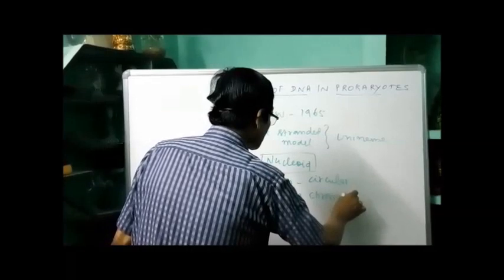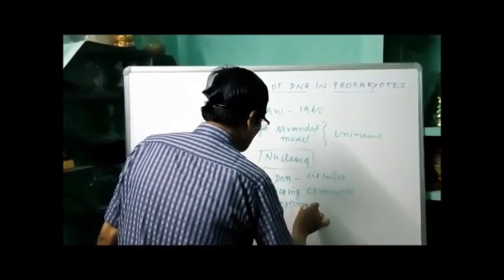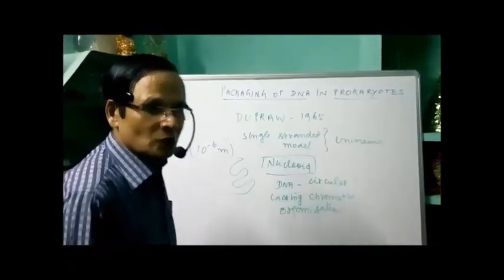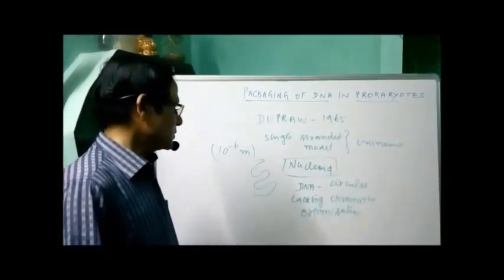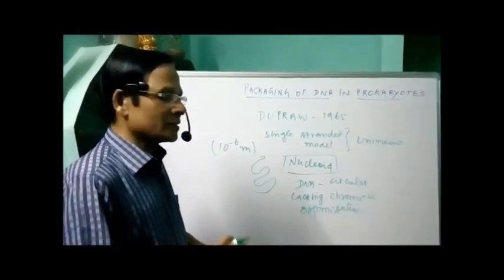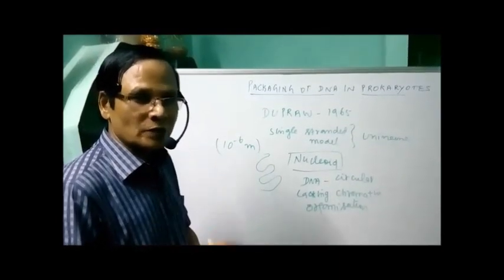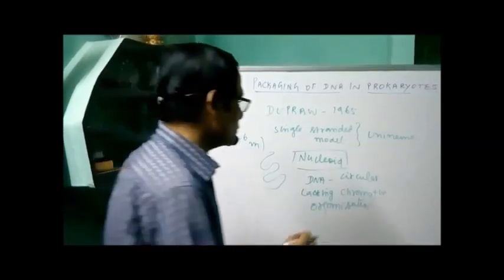There is no formation of chromatin organization. The meaning is that the DNA is not associated with protein to form a chromatin fiber. Such a DNA of prokaryotes, which is circular and lacking chromatin organization, is called the genophore.